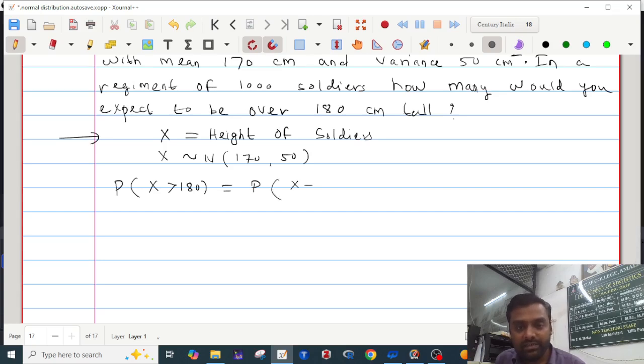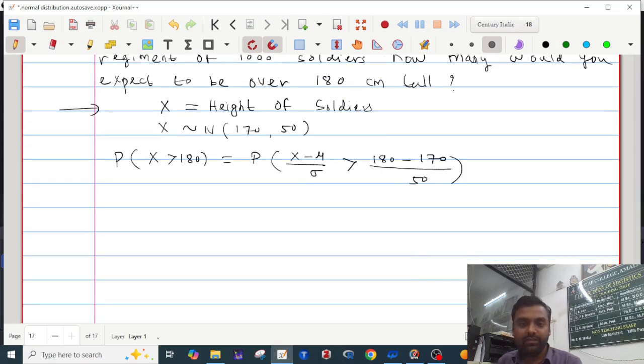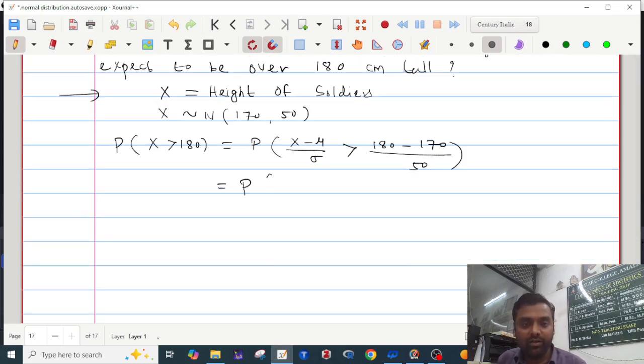We will solve this by standardizing. X minus mu greater than 180 minus mean 170, divided by sigma, which is root 50. This is equal to the probability of z greater than 10 upon root 50.